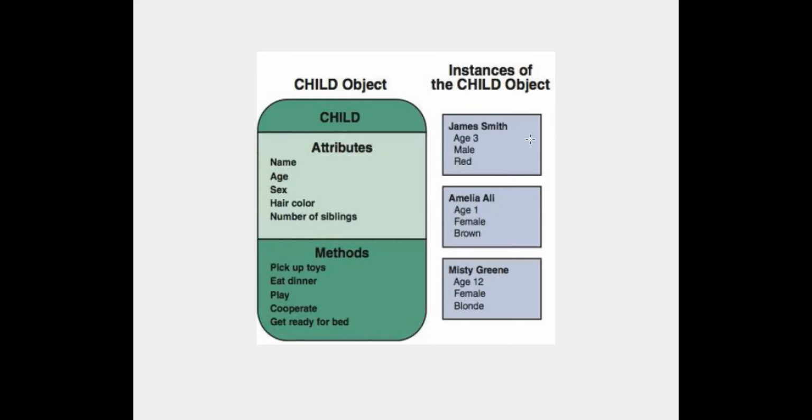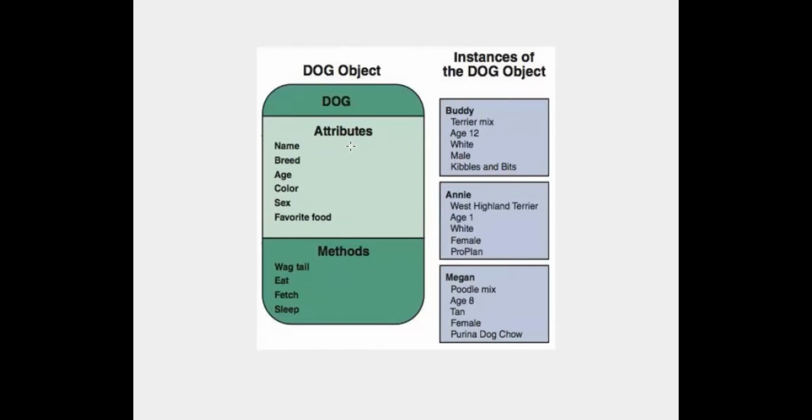So I hope that part you can do. Similarly, you can see the dog object, and again, you have a different set of attributes and a different set of methods, right? And some instances are there as well. So I hope that part you can do alone.